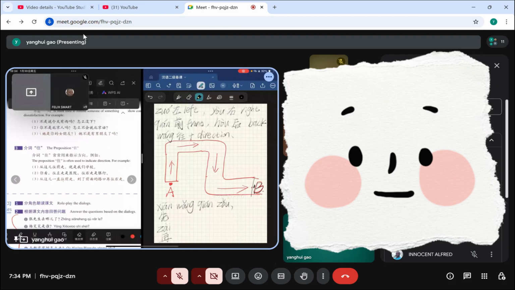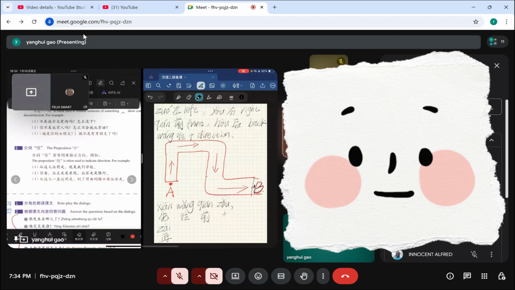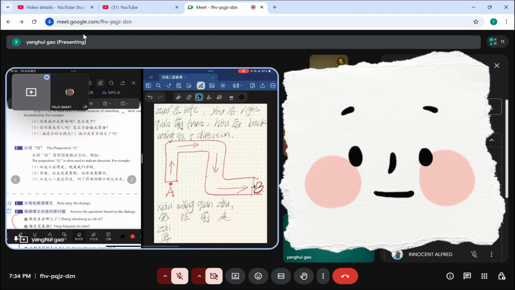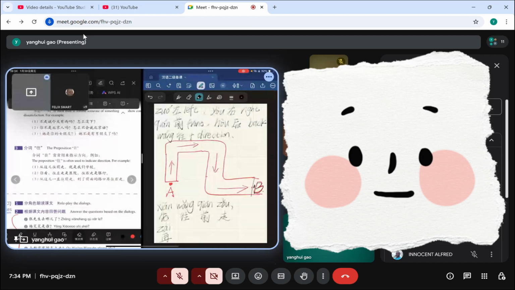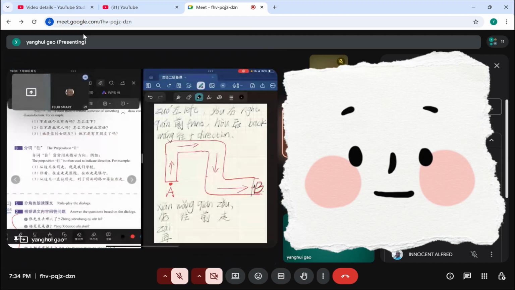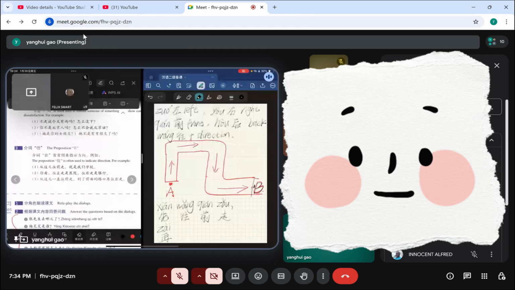Next step. Next, 再往. 哦，往左吗？左 is left. 再. So this way is right or left? This is right.